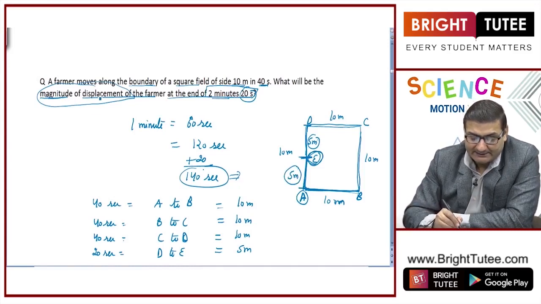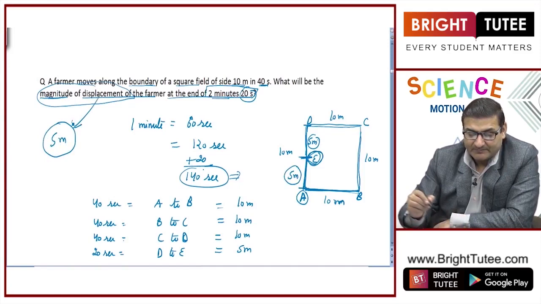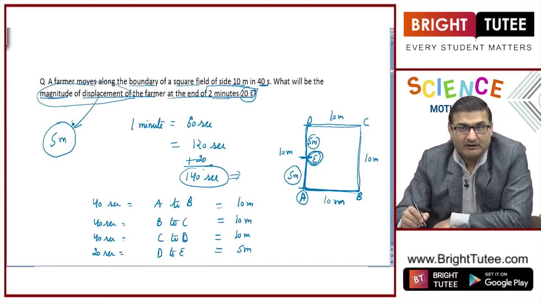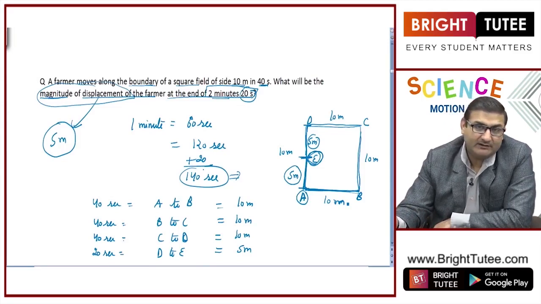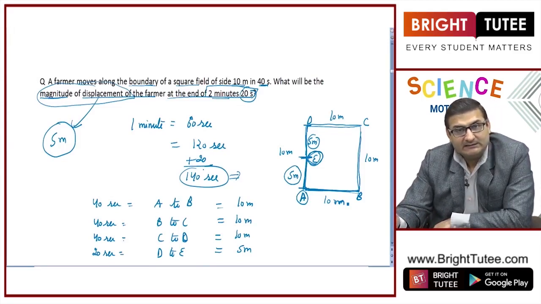So, the magnitude of displacement of this farmer travelling along the boundary of this square field having 10 meter side after 2 minutes 20 seconds will be 5 meters. Understood, students? Fine. Nice question, huh?